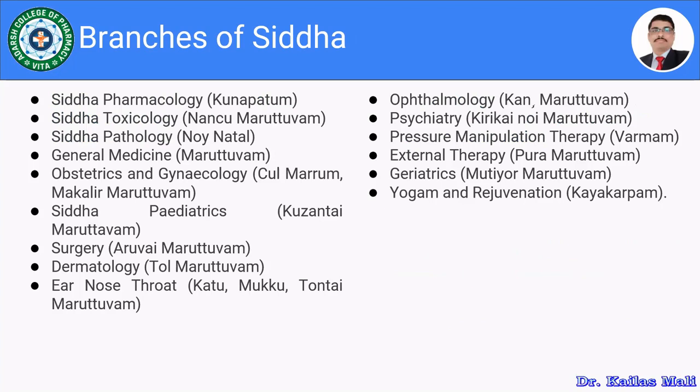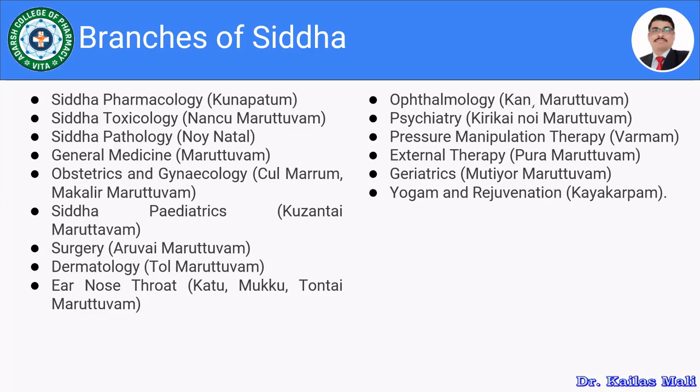These branches are Siddha pharmacology, also known as Punapatu, then Siddha toxicology, known as Nanchu Maruthuam, Siddha pathology, known as Neonatal, then general medicine, known as Maruthuam, obstetrics and gynecology, that is Kal Marum, Makalir Maruthuam, then Siddha pediatrics, that is Udhantai Maruthuam, surgery, that is Aruvai Maruthuam.